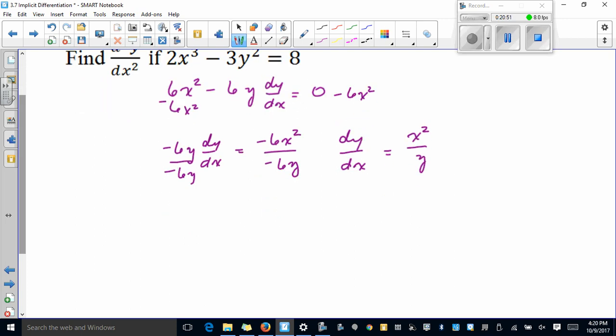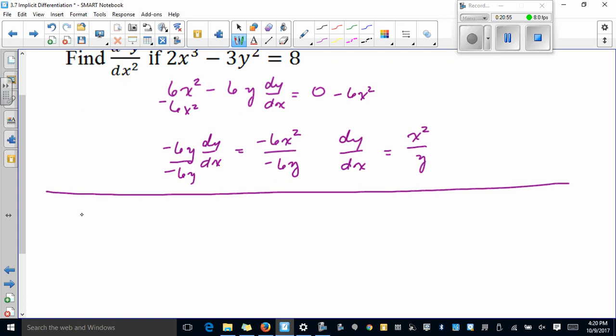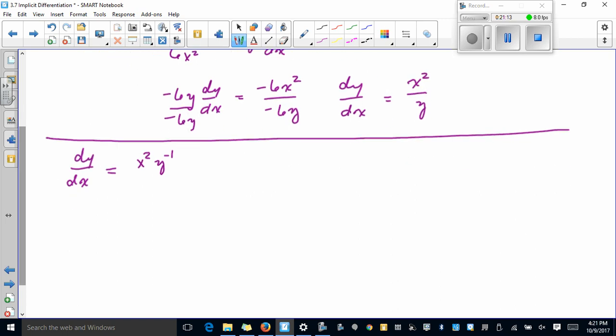There's our first derivative. Now for our second derivative, we're going to cheat. Dy dx, because honestly, I would rather do a product rule than do a quotient rule. Dy dx equals x squared times y to the negative 1. Nice little product rule going on. So u equals x squared, u prime equals 2x. V equals y to the negative 1.